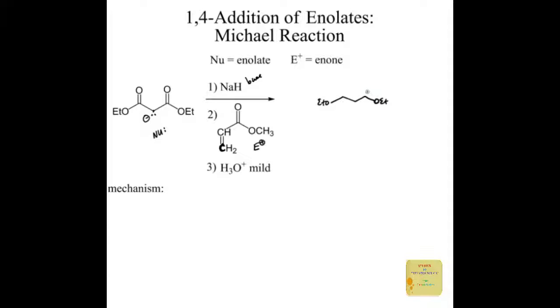So let's redraw our enolate, have a new bond coming off from the alpha carbon, and then what is it going to be attached to? Remember, what does it look like when a nucleophile does a conjugate addition to an enone? You add the nucleophile to the beta carbon, and then you add a proton to the alpha carbon.